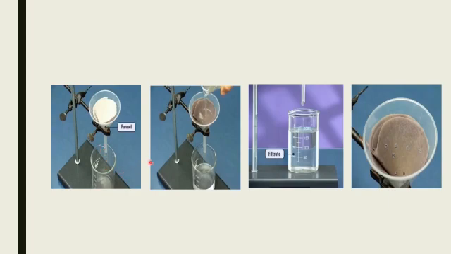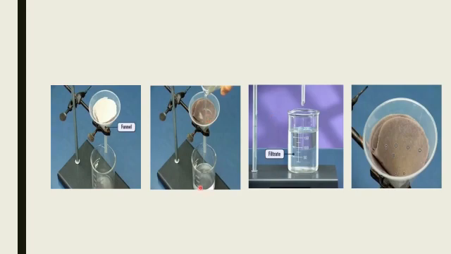Now slowly, here you can see, we have to pour muddy water along a glass rod. If you use a glass rod, then it's good. Otherwise also, directly you can pour the muddy water into the funnel. What will happen?